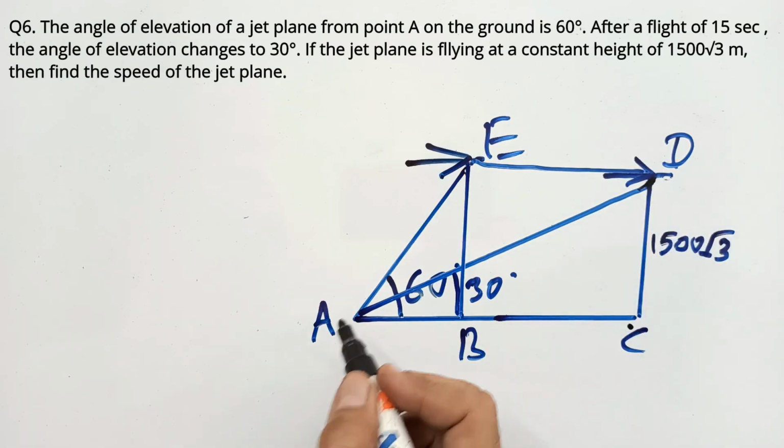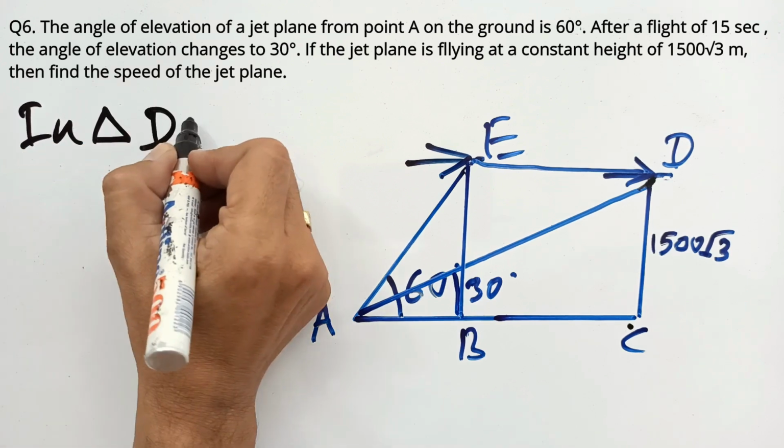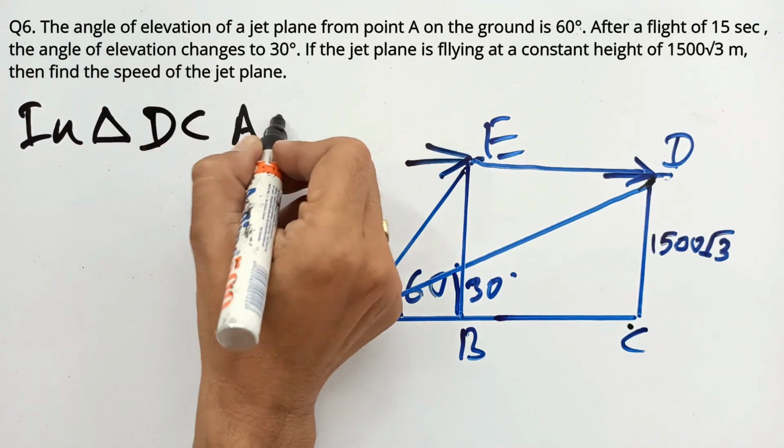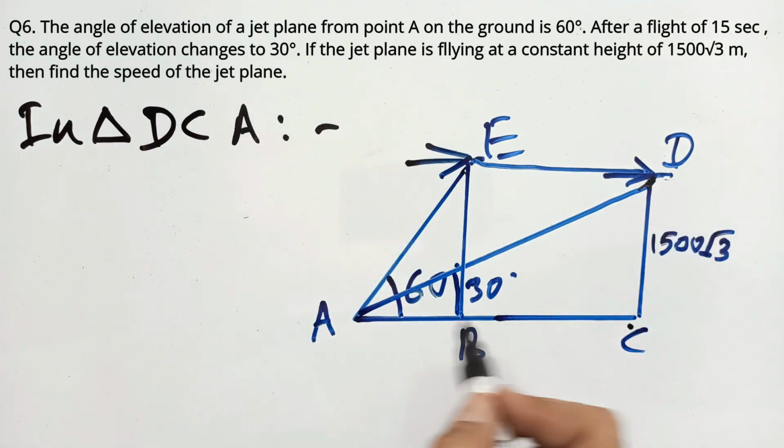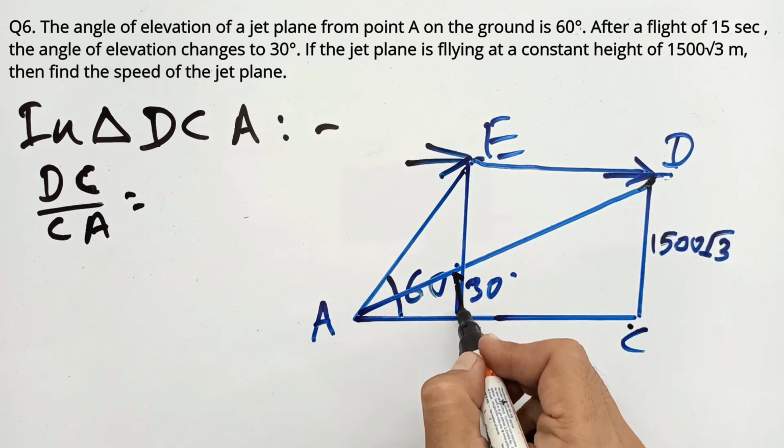In triangle DCA, DC upon CA is equal to tan 30 degree.